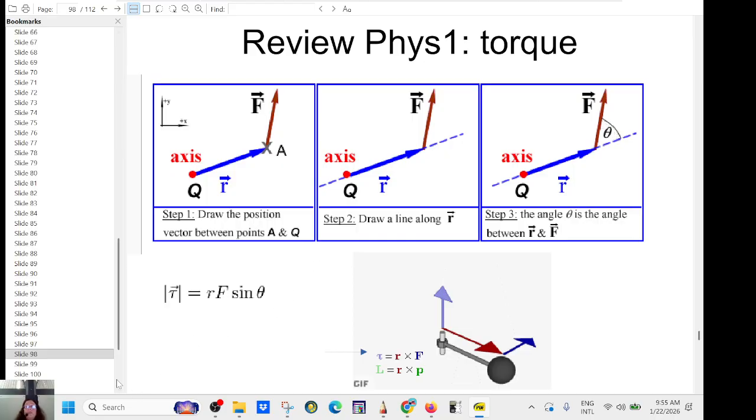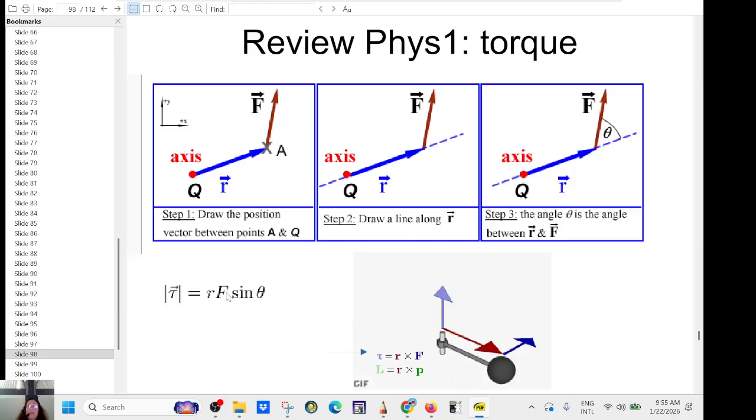Okay, so the definition of torque is going to be, so that will be the torque of a force F about the axis Q. So a torque is always about the axis. Okay, so it takes you back to physics 1. So I'm not going to reteach physics 1 again. You can find a video on my YouTube channel.